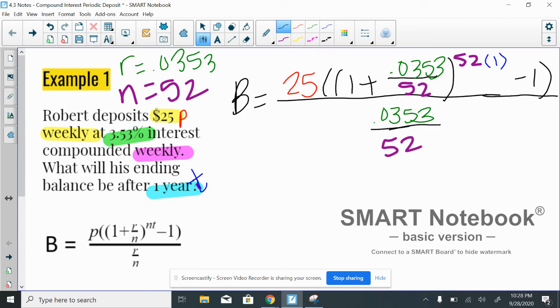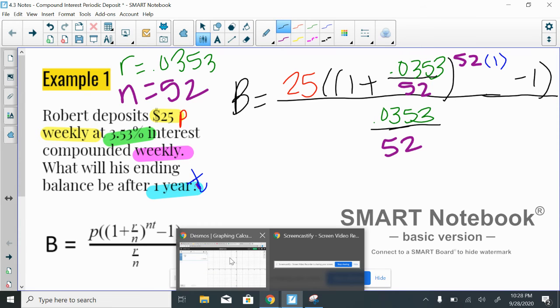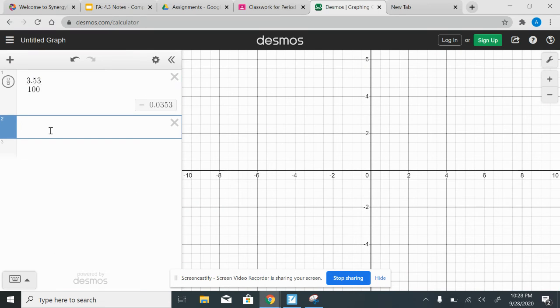And I'm going to fix that denominator to make it better. Okay, I'm going to type this in just like it looks on Desmos. So when I do this, I'm always going to start with a fraction key. 25, double parentheses, 1 plus my rate, 0.0353 divided by 52.